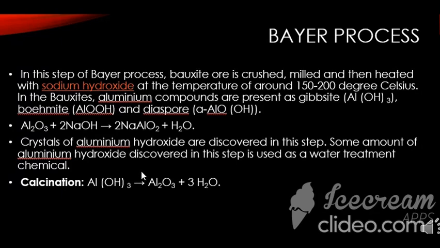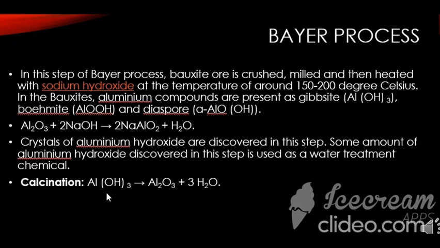Again, I am going to tell you what happens when bauxite ore reacts with sodium hydroxide: it forms sodium aluminate. When we do a strong washing of the sodium aluminate, it is converted back to sodium hydroxide, and aluminium trihydroxide settles as a white precipitate. Now, crystals of aluminium hydroxide are again washed and undergo calcination.